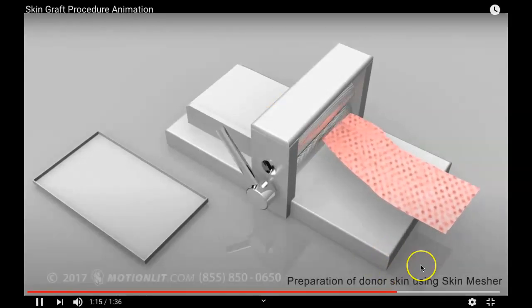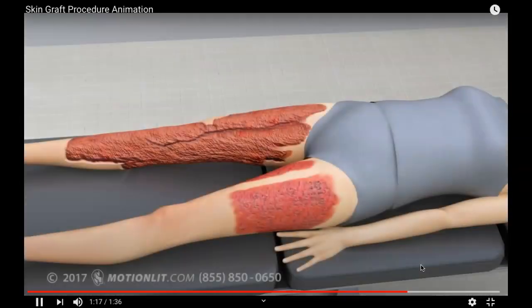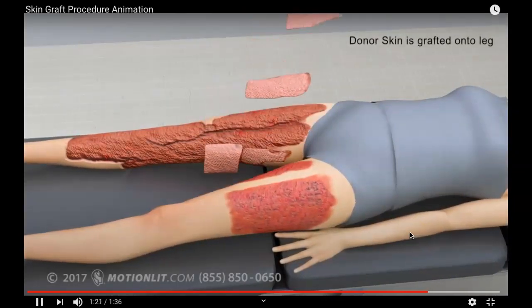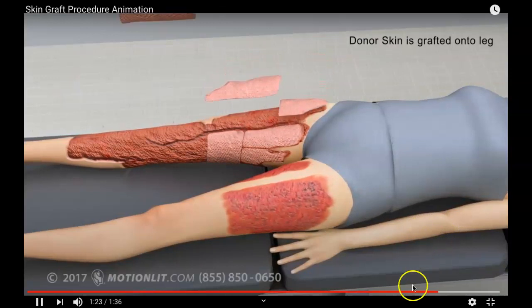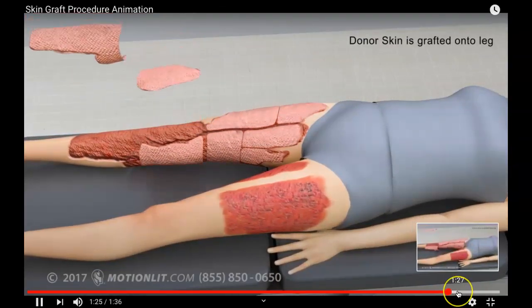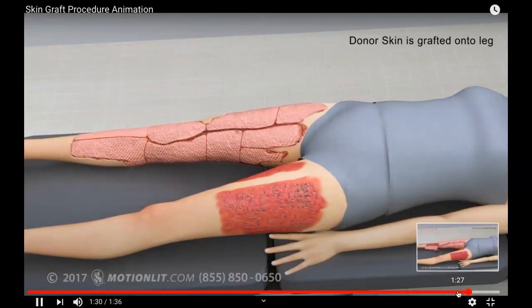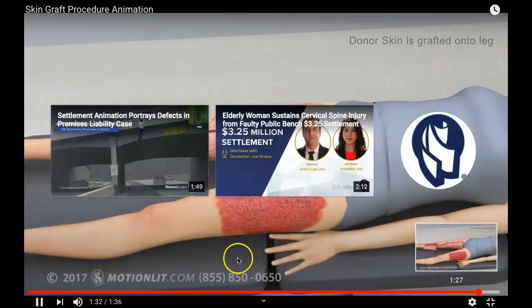That way they can cover a larger surface area using a smaller amount of skin. And then they're going to place it on the burned area and graft it onto the burned area.